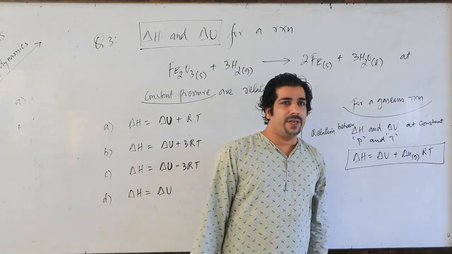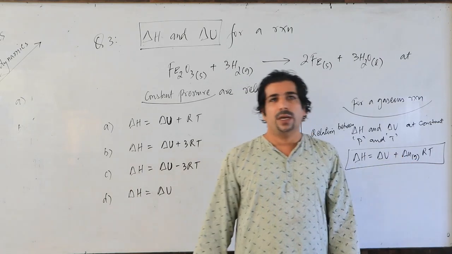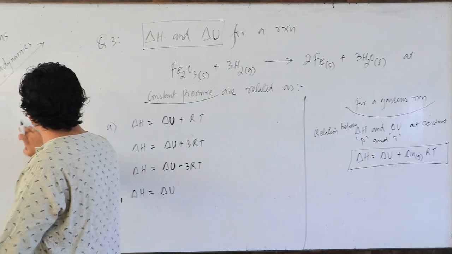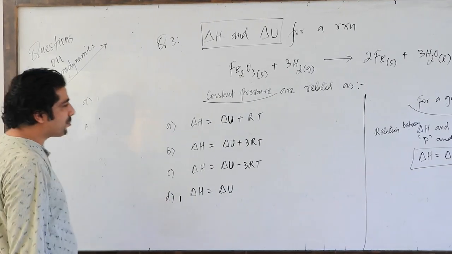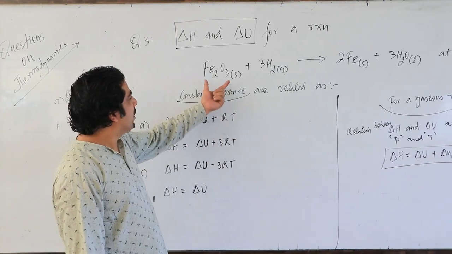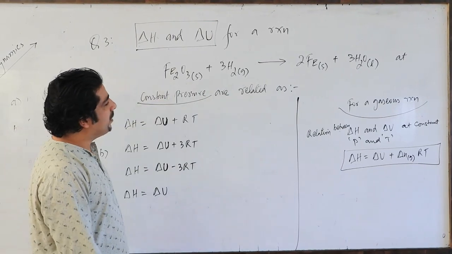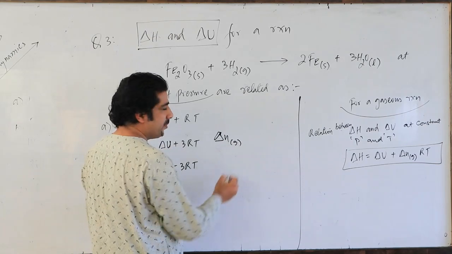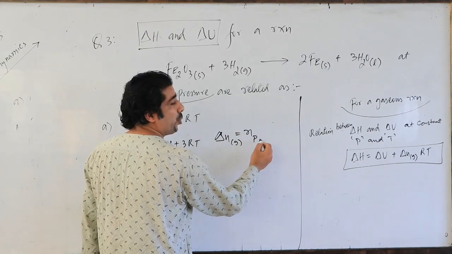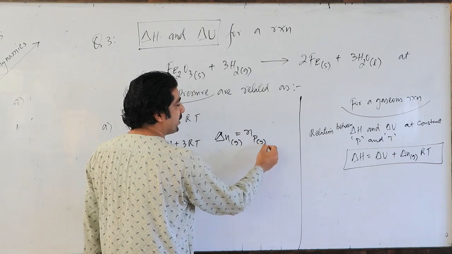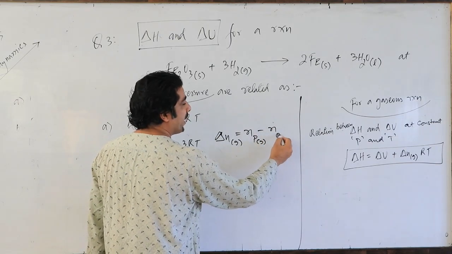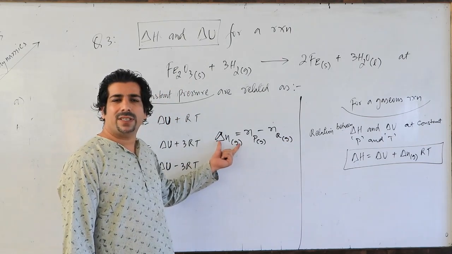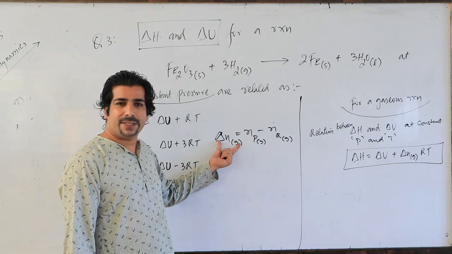Now, my dear friends, this delta N will tell you everything about this reaction. And I told you last time, this delta N is gaseous. It's taken for the number of moles of products in gaseous state minus the number of moles of reactants in gaseous state. So this delta N is only taken for the gaseous state, correct?